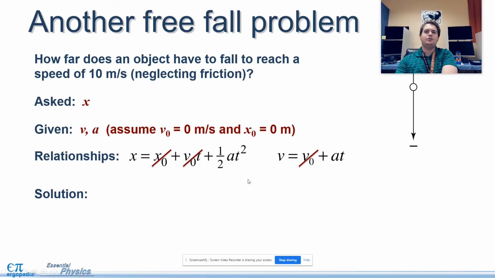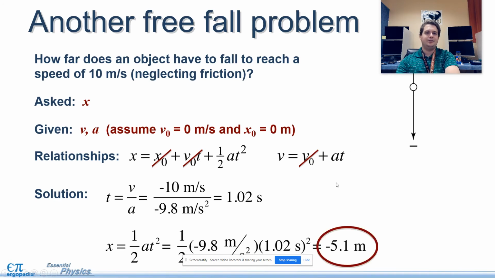You have to use this other equation to find time, to then plug into the first equation to find position. So we're using this to find time, because we know we want to get to negative 10 meters per second, and we know acceleration. We're only missing time here.